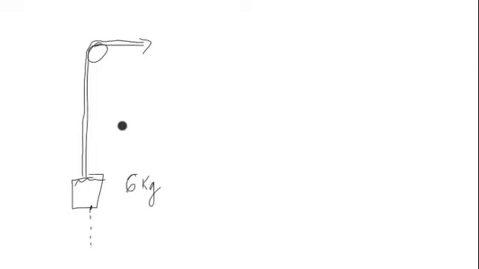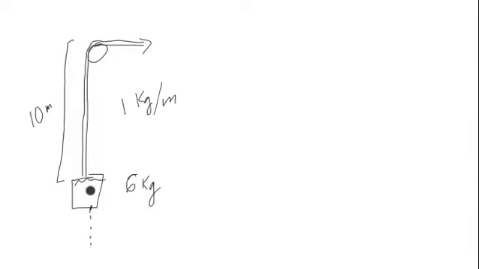Let's also suppose that this rope has weight in and of itself, and that it weighs 1 kilogram per meter. And suppose that initially we are at, let's suppose maybe, 10 meters.